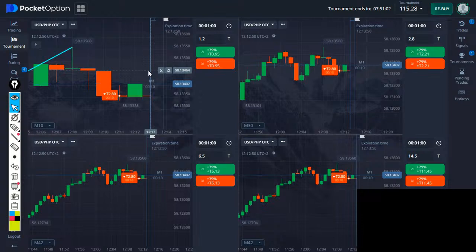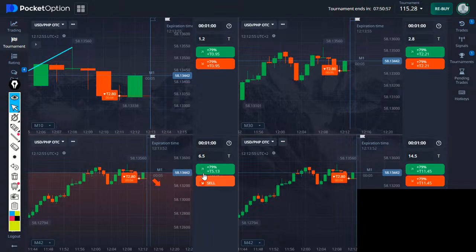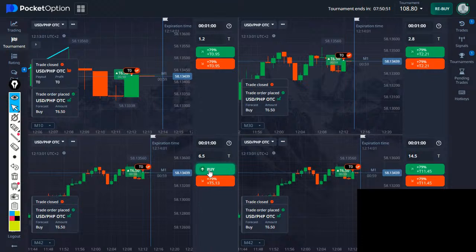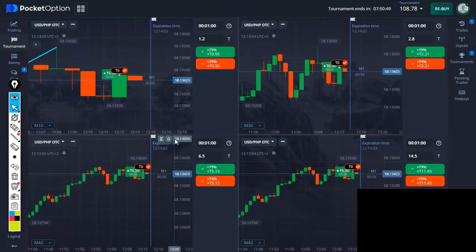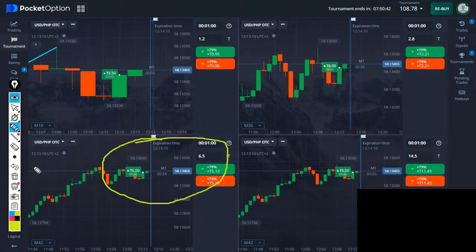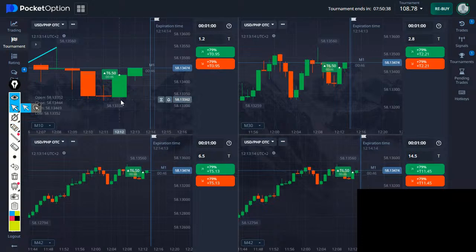10 seconds left. So we'll go with the buyers now. This is the third time in our session today we reached the third level, the third stage of our martingale cycle.